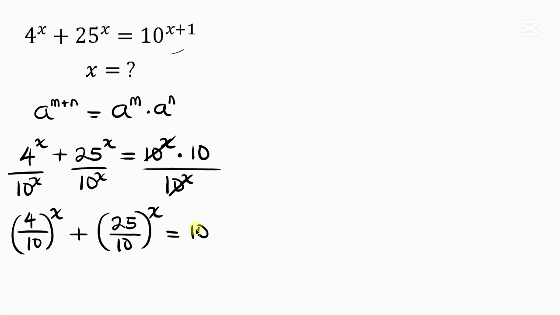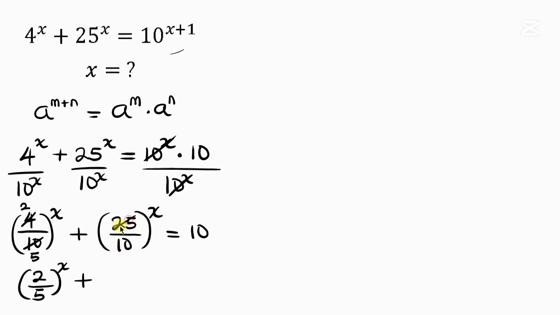Our next step will be for us to break down what we have here. So notice that 2 can divide 4. So 2 divide 4 is 2. 2 divide 10 is 5. So we have 2 over 5 to the x. Plus, now from here, you notice that 5 can divide 25 and 10.